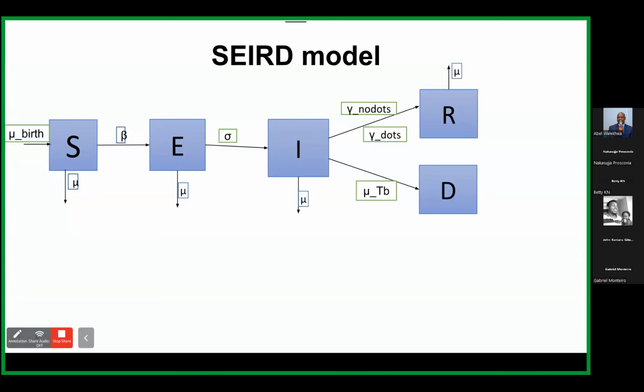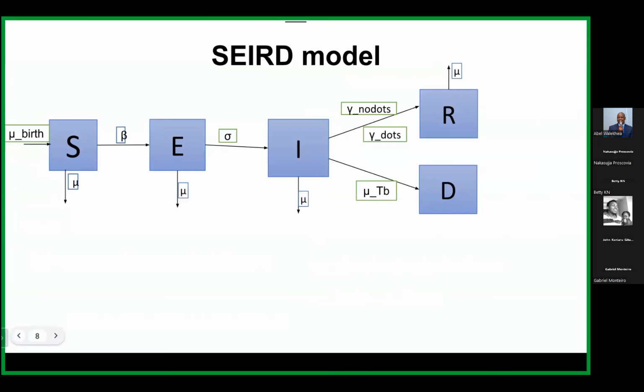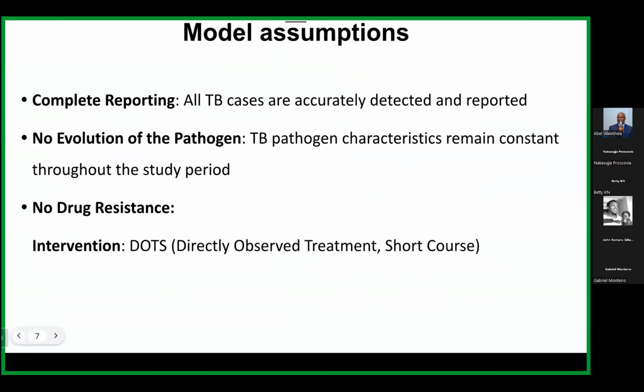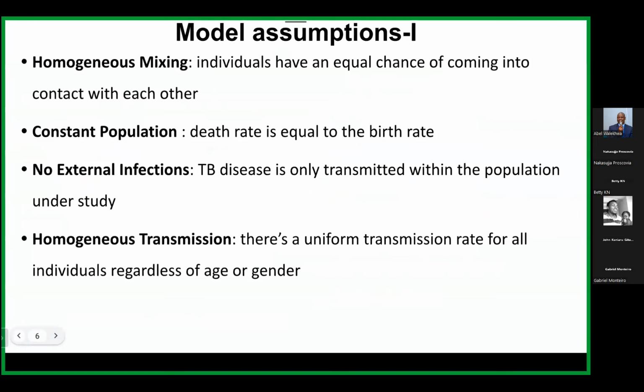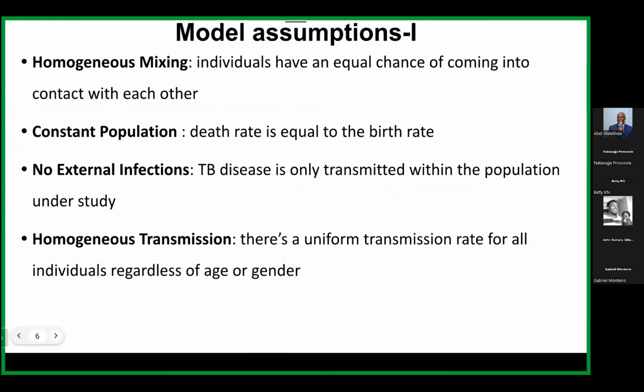Yeah, so let me just try to do this model here, the way it should be, based on the assumptions that you have made. And for the rest of you, you just go back to the assumptions. So no external infections.